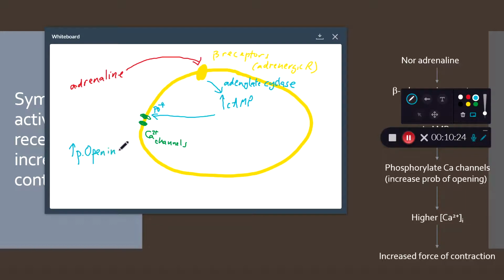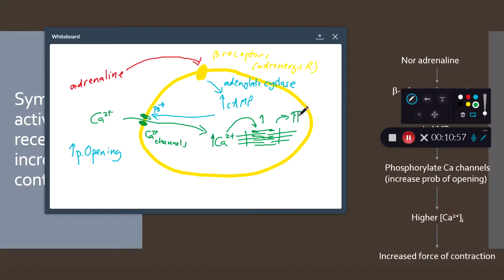So they open longer, so you get more calcium coming in than you would normally get, and that affects the interaction of the myosin and actin filaments. That means we get an increase in the force.